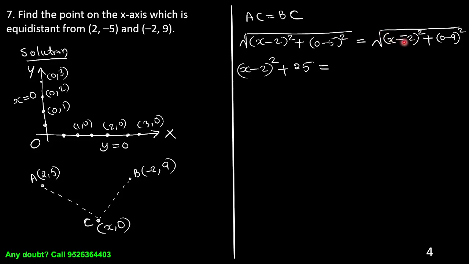This is (x plus 2) all square, correct? Minus of minus is plus. This is (x plus 2) all square, plus this is (minus 9) all square. Minus 9 all square is 81.